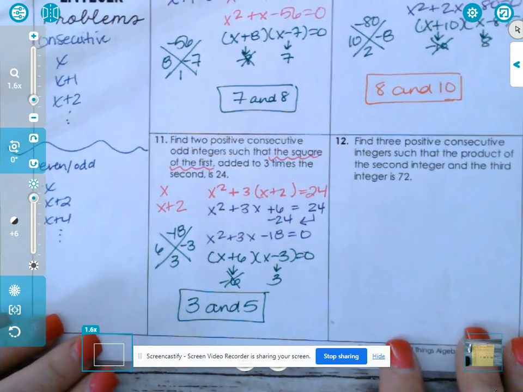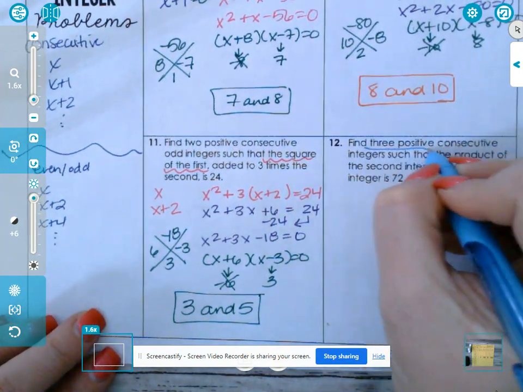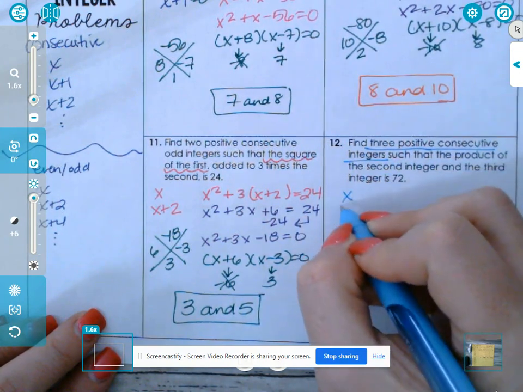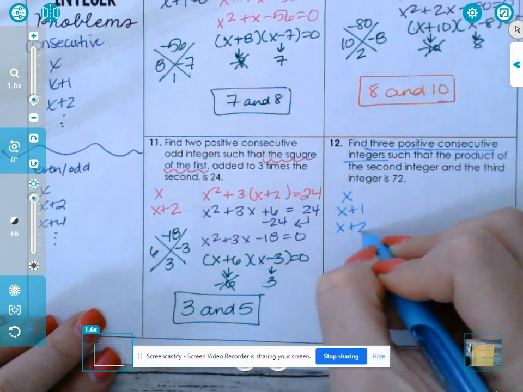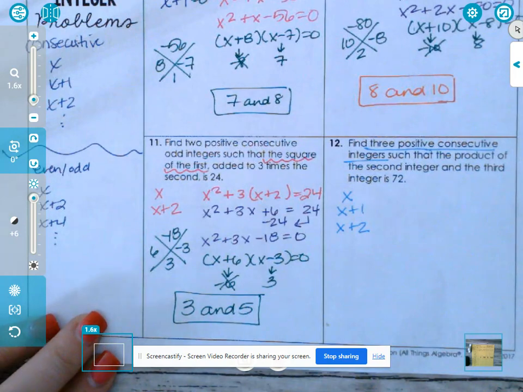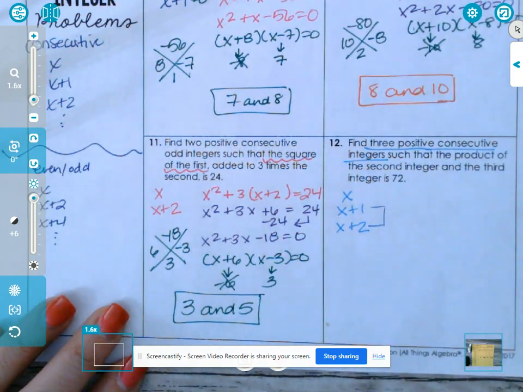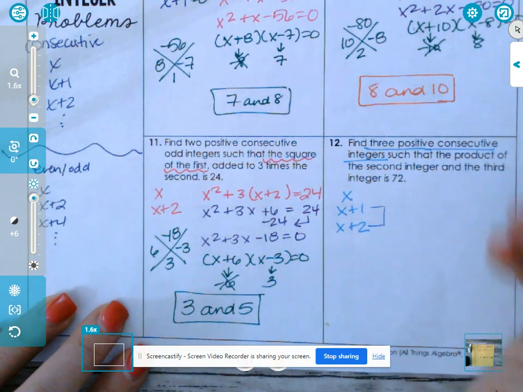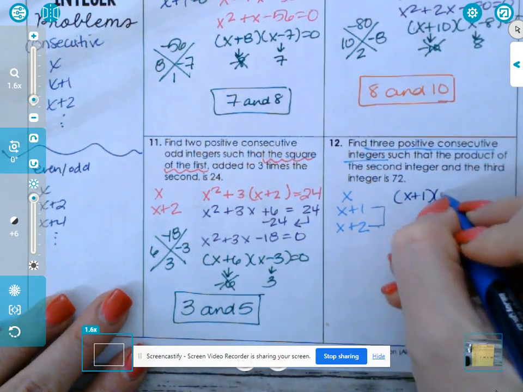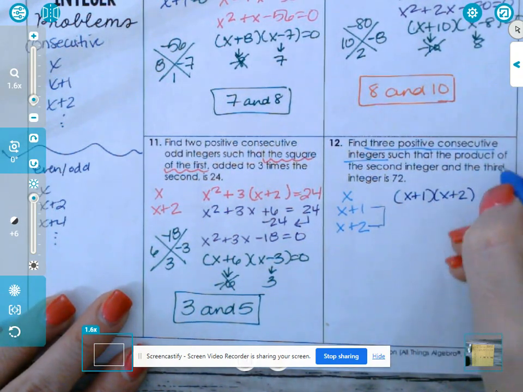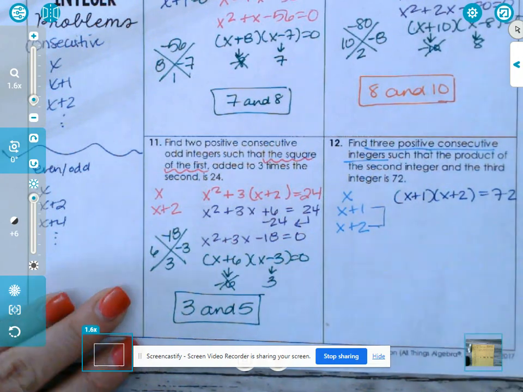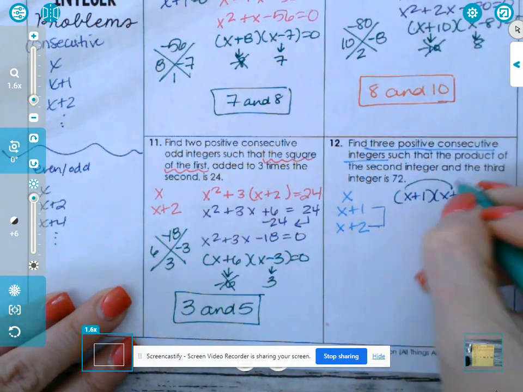All right, last one. Oh, this time it's 3 positive consecutive integers. So that's going to be x, x plus 1, and x plus 2. Such that, here we go. The product of the second and third. Second and third. So x plus 1 times x plus 2 is 72.